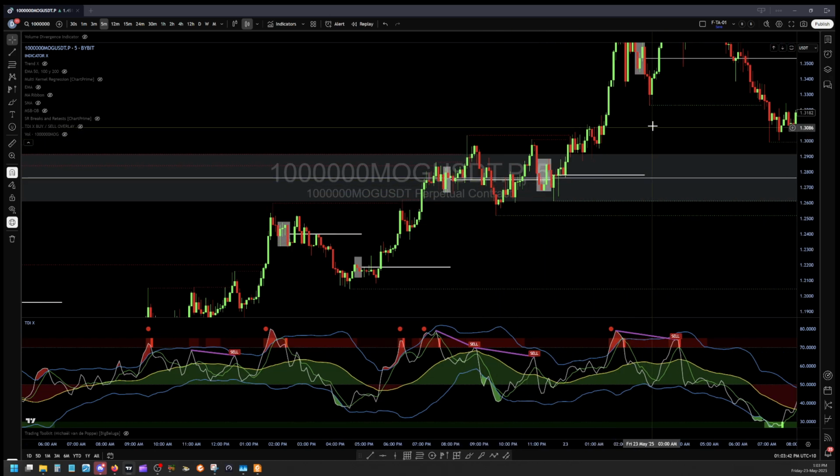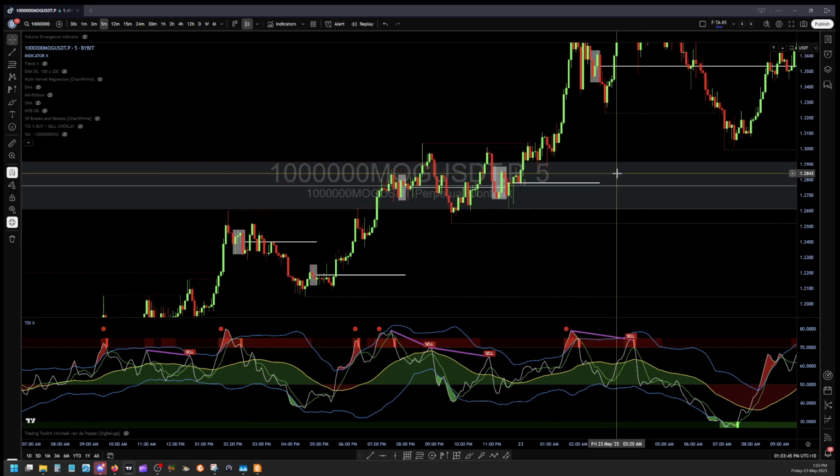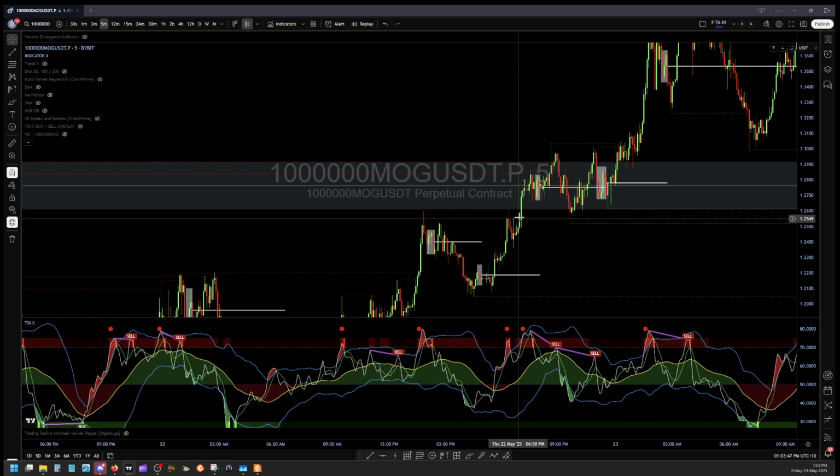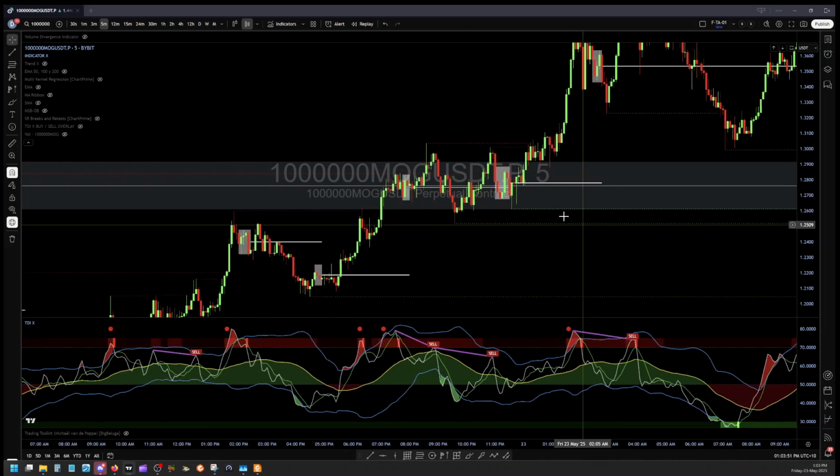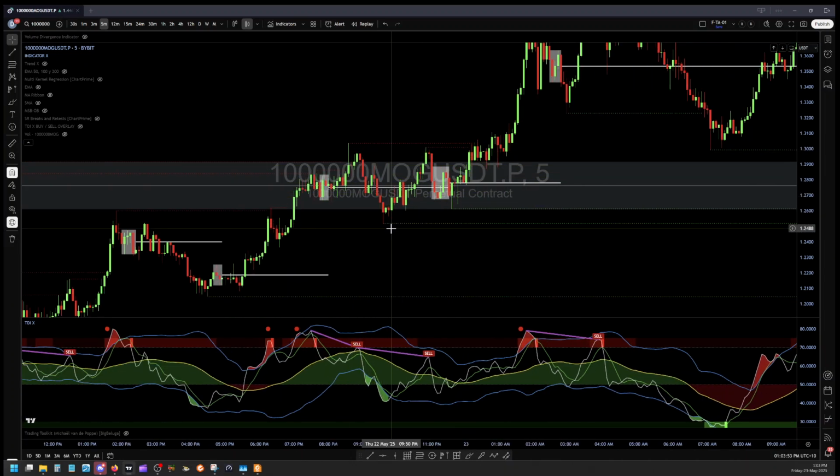But I got stopped out, and I'll tell you exactly what happened here. So it came up to this line, where it could have reversed, and it kind of looked like it was going to reject, but it didn't.